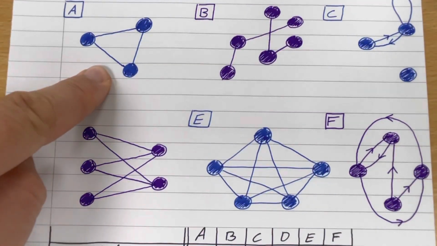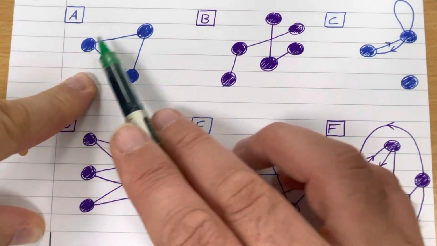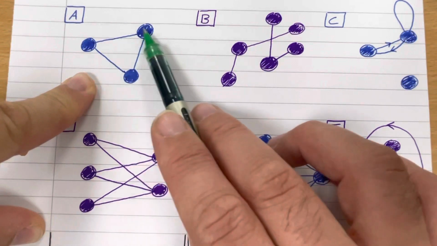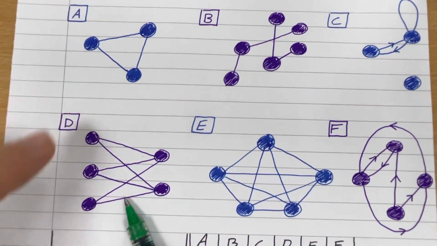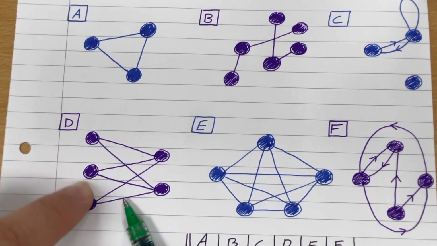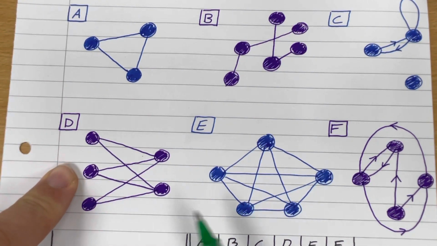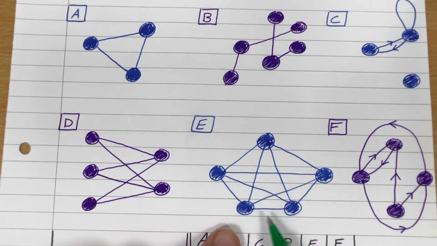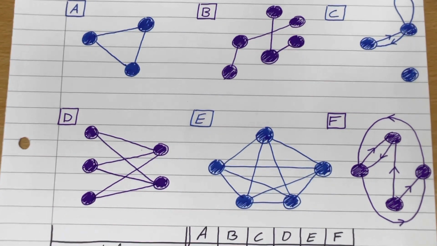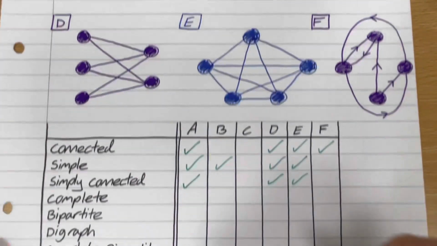So this one is a complete graph because every node is connected directly to every other node. B is not, C is not, D is not because I can't connect these ones, so that's not a complete graph. E is complete because every node is connected directly to every other node, and F is not complete. So A and E are complete.